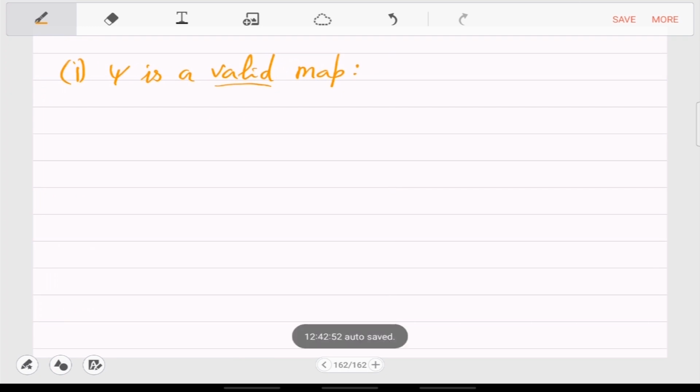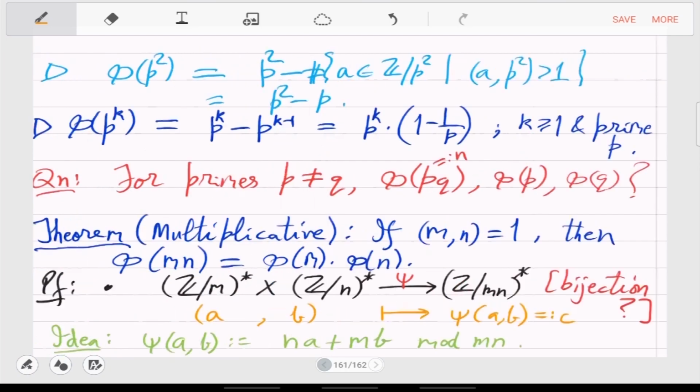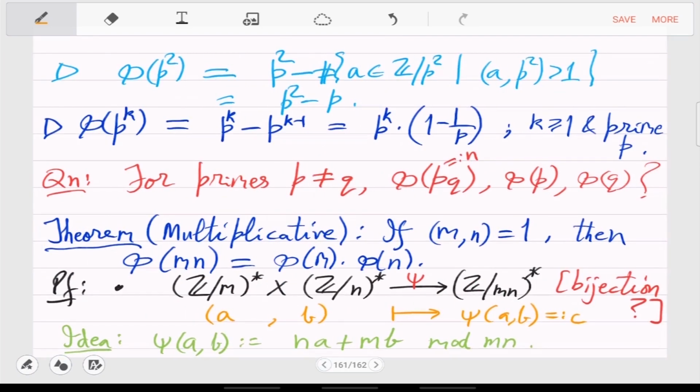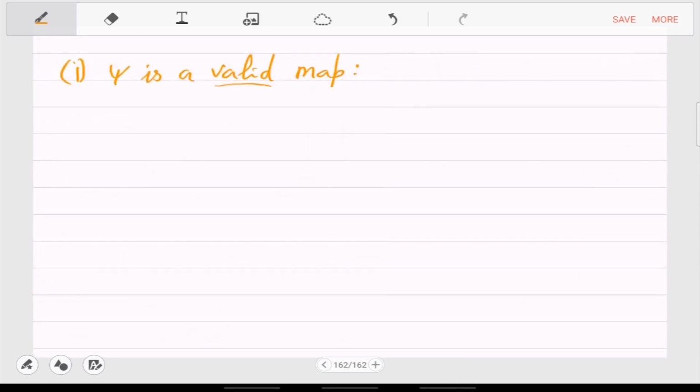And another thing is that in validity, you also have to check that NA plus MB is actually in the image, which is that it should be co-prime to mn. That's also an important thing, because it's very easy to fool myself and you in giving a map which actually doesn't even lie inside the range. So that also is true here. Let's write those properties down.